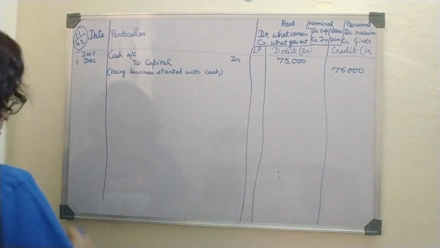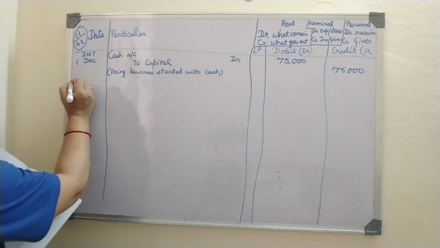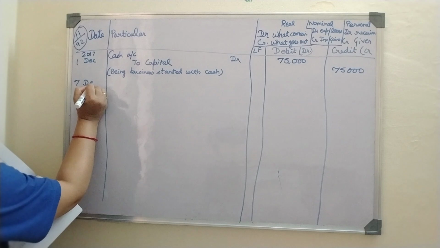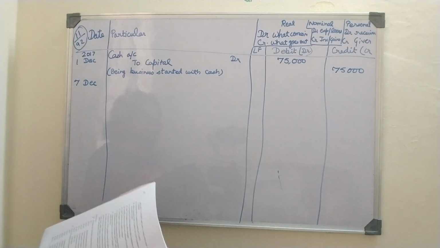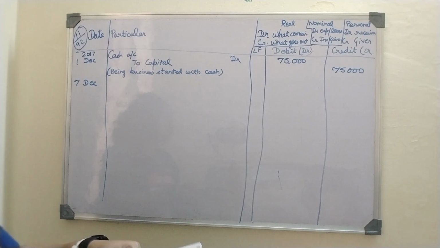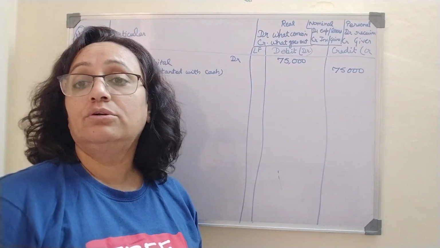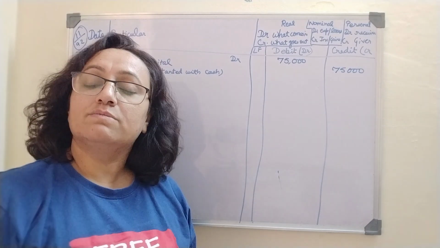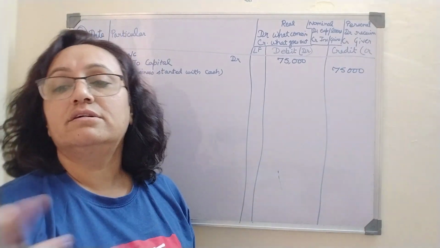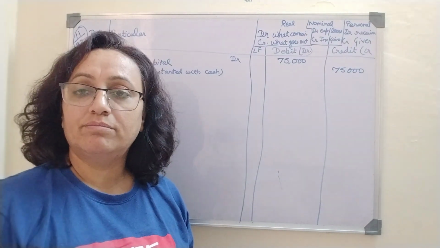Now we come to the next date is 7th December. Purchased goods for cash. So whenever purchased goods for cash is written, or which account gets affected, we don't write it goods account, we write it as purchase account. If we are selling, we write it sales account, right? So please remember this.